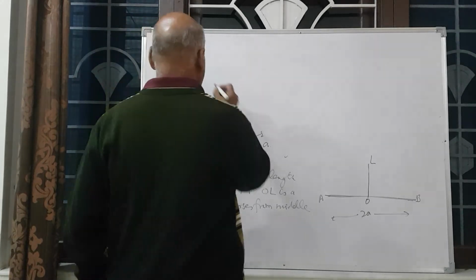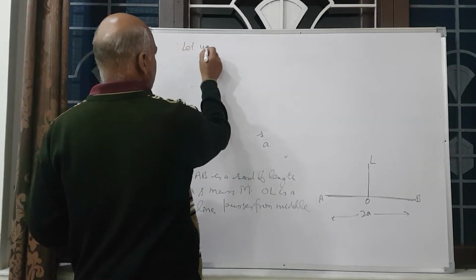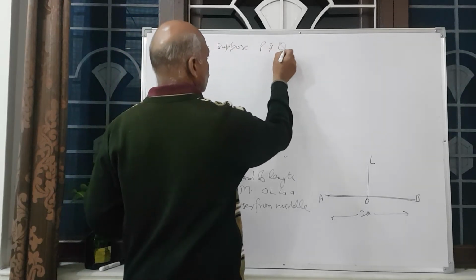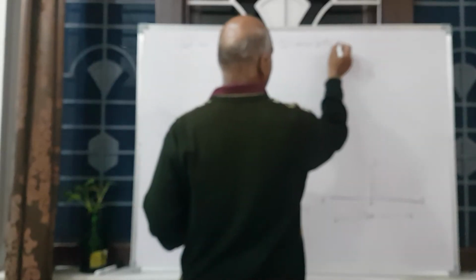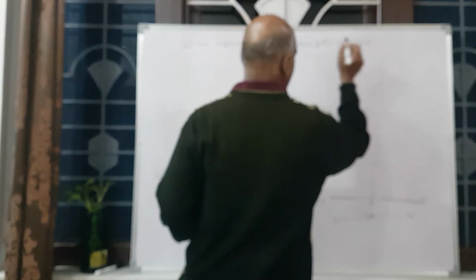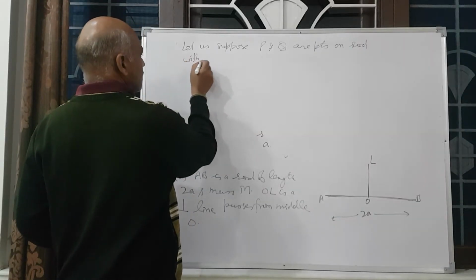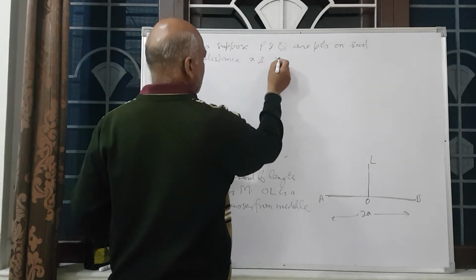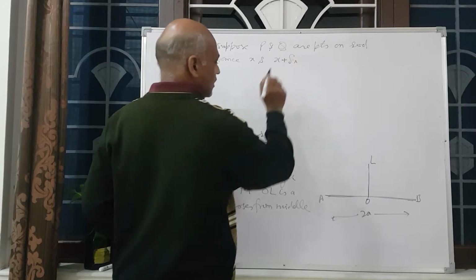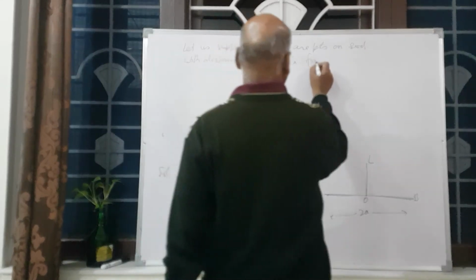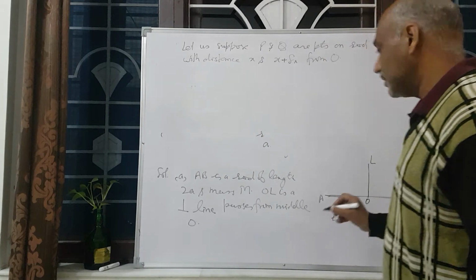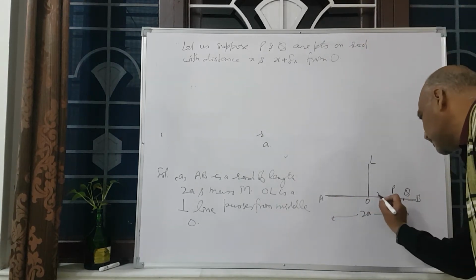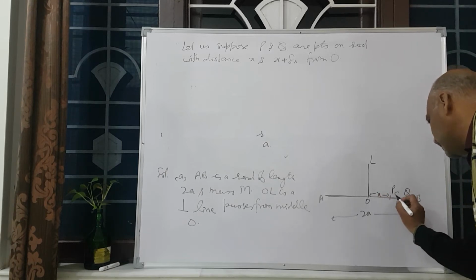So let us suppose P and Q are points on the rod at distances x and x plus dx from O. Here this is point P and this is point Q. The distance is x and this is x plus delta x.